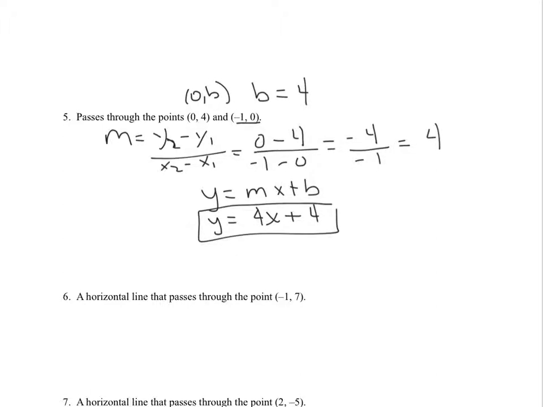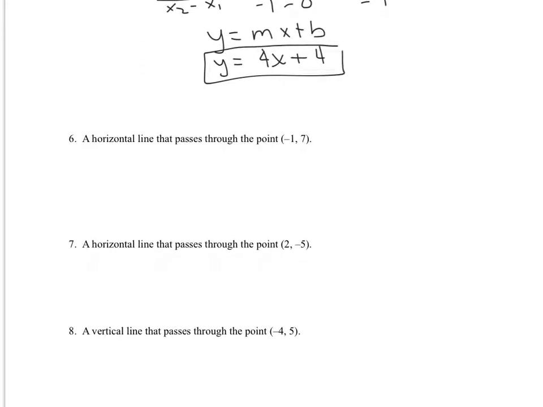Now, we are looking at some special kinds of lines next, a horizontal line and a vertical line. If a line is horizontal, that means it is crossing one of our axes, and if it's horizontal, it's going to cross the y-axis.